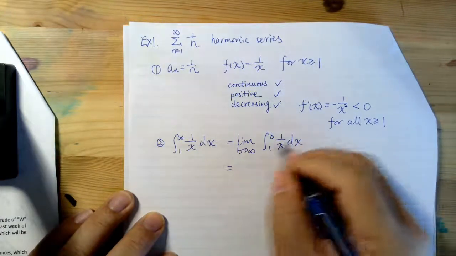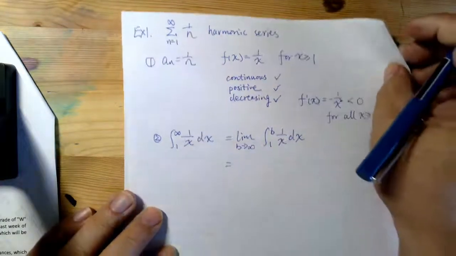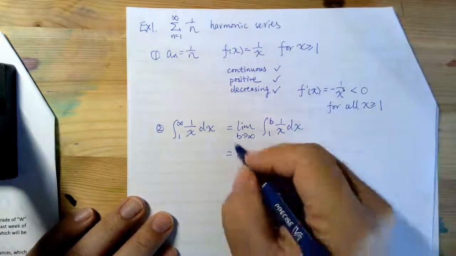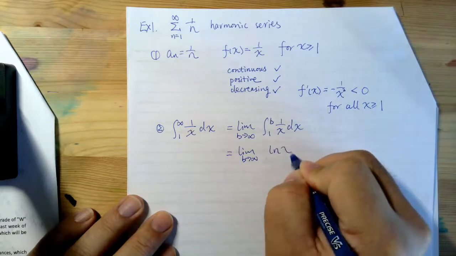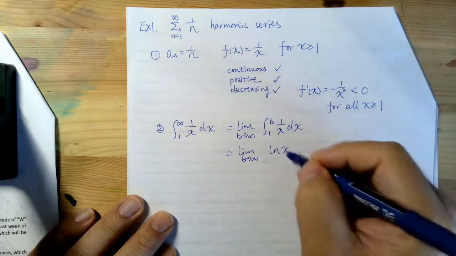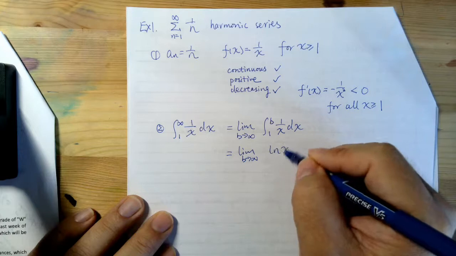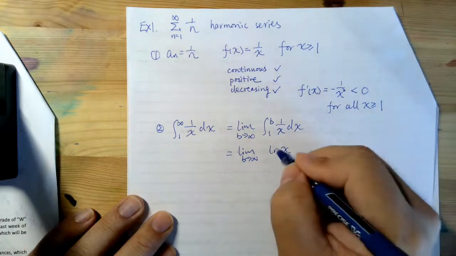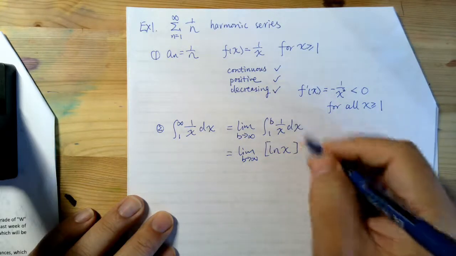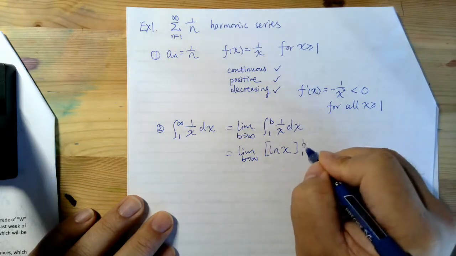The antiderivative of 1 over x is ln of x. It should be ln of the absolute value of x, but since my x is from 1 to b, I can drop the absolute value sign.